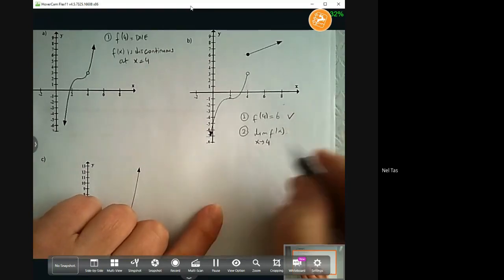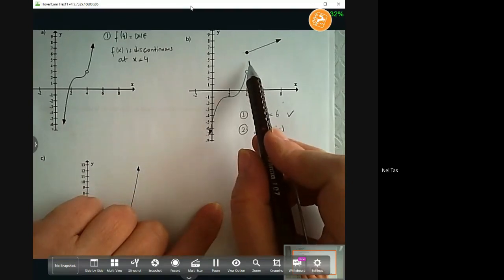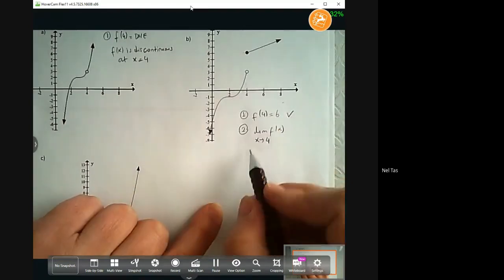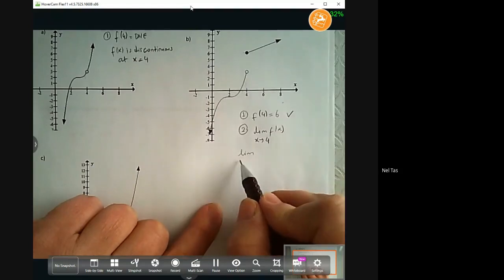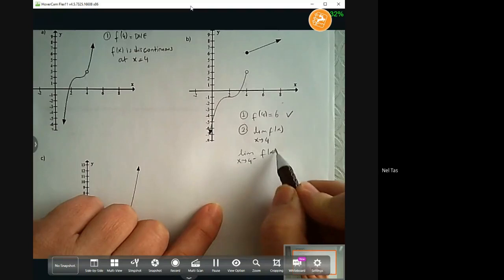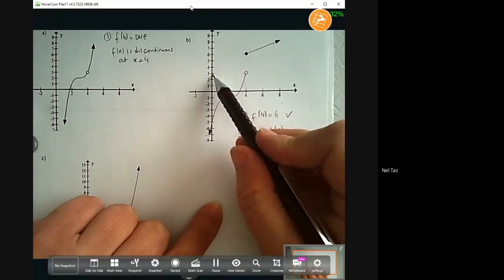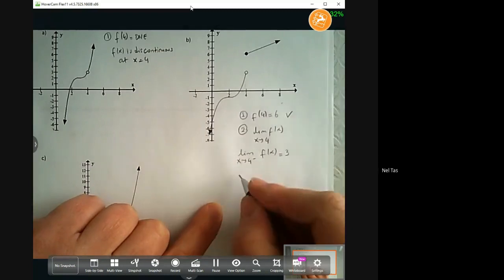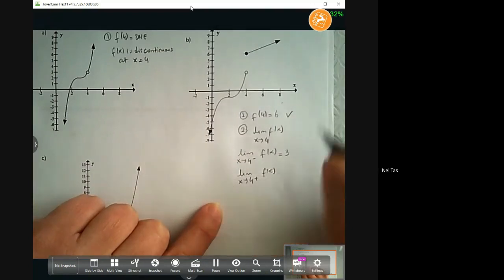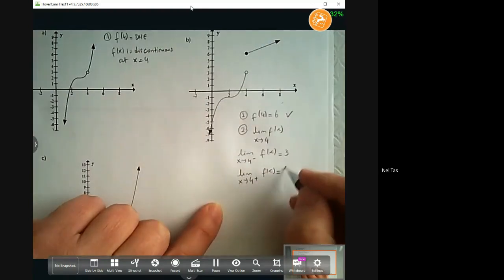Now this is a piecewise function, so we're going to check the left side limit and right side limit. The left side limit, as you see, is 3. The right side limit, as you see, is 6.